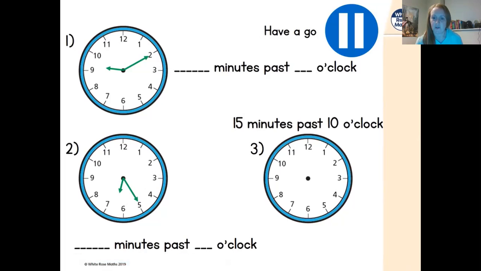The easiest way I find to do it is to put the 12, the 6, the 3 and the 9 on first, like finding the quarter of a circle, like that, and then put the other numbers in. So just do that really quickly now on your scrap piece of paper in front of you. If you want to pause the video while you do that, that would be a good idea now. Press pause on the video and then give yourself a couple of minutes, and when you're ready, just press play again.